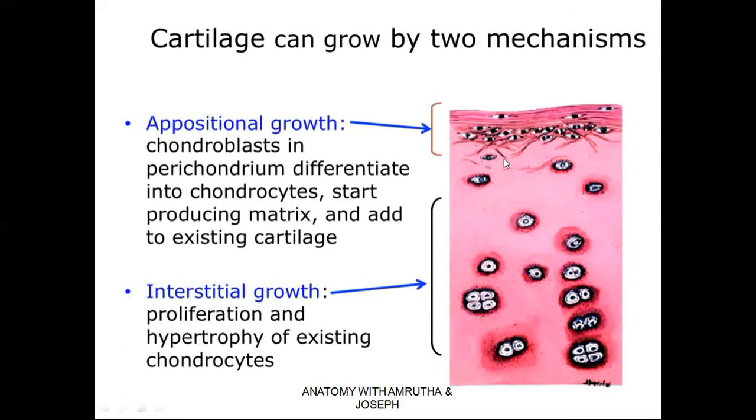So the initial stage, where the chondroblast produces the matrix and is derived from the inner layer of the perichondrium, increases the cartilage size from the periphery, and that is called appositional growth. Whereas once they become chondrocytes but still have the ability to produce the matrix, that growth is from within, and that is called interstitial growth.